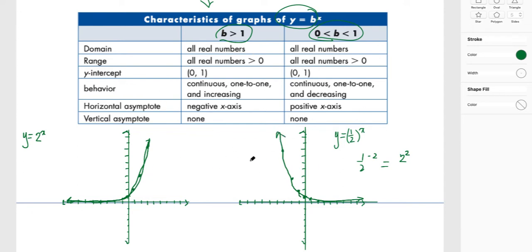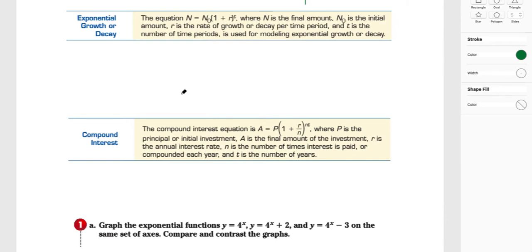Read through, make sure you feel comfortable with the characteristics of either graph. The formula that your text wants you to know in reference to growth and decay would be this guy. You want to know the amount: N naught is the initial amount, times 1 plus r to the t power. Here, r is the rate of growth or decay per time period.